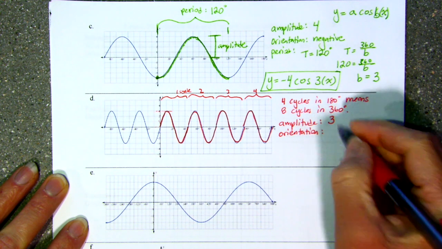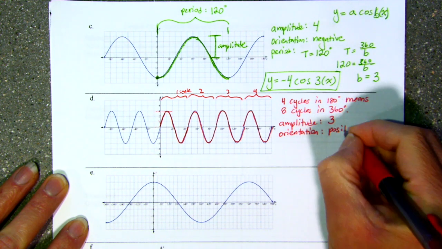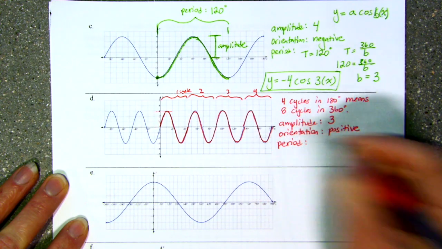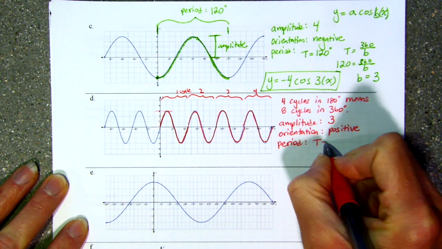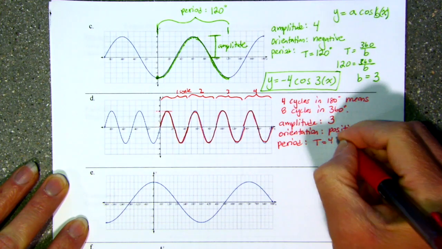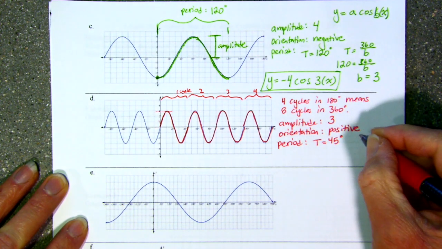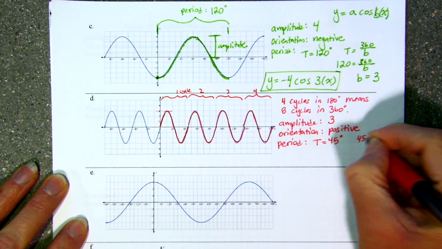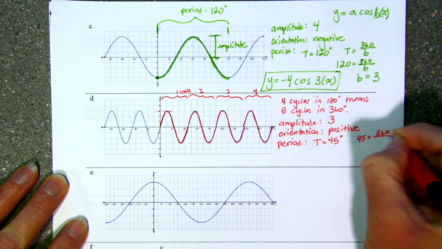And it's a sine function, so we have positive. And our period is 45 degrees. So if we wanted to do it mathematically, we could say that 45 is equal to 360 over b.